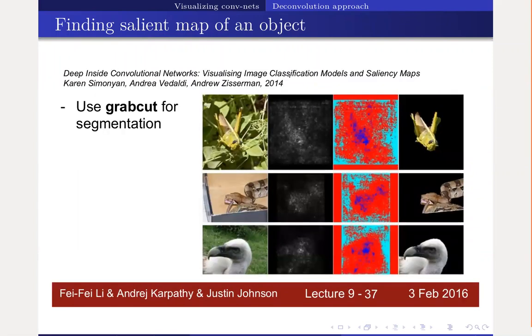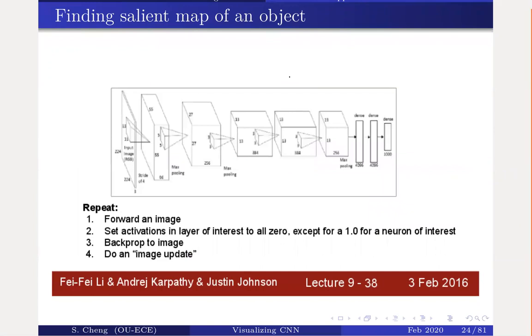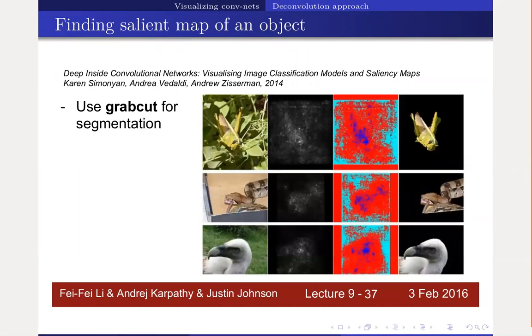And we can use this kind of idea for some real applications. For example, I can use this to find the saliency map of some image. I can forward an image, and then see what region of the image is actually activating the corresponding pixel.